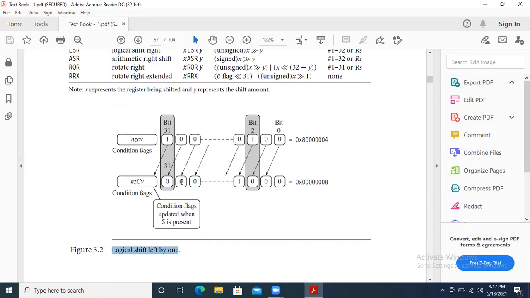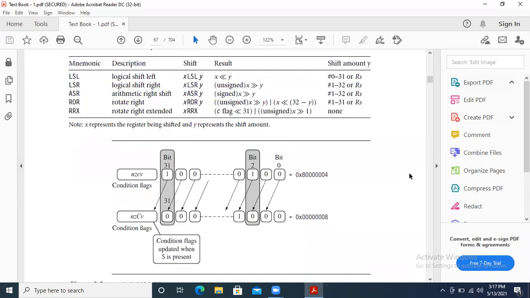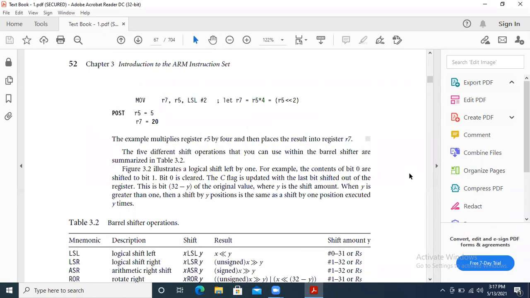It shifts 1 place towards the left side here. Right means it becomes the reverse. So don't go that deep here, just understand only. LSL means it just shifts towards the left, LSR means shift towards the right.